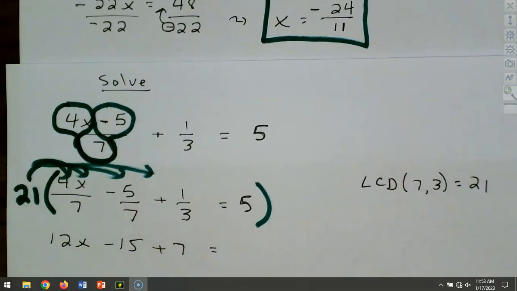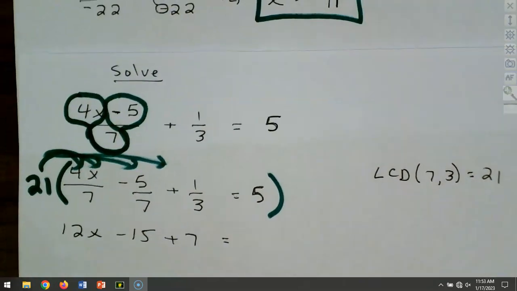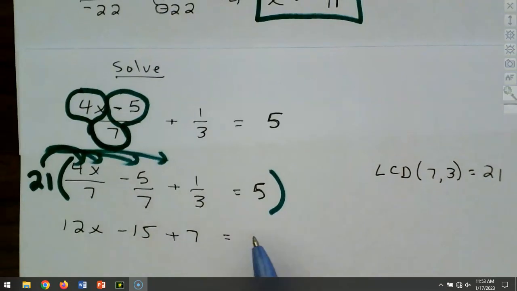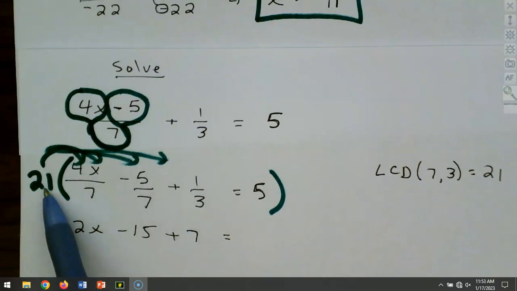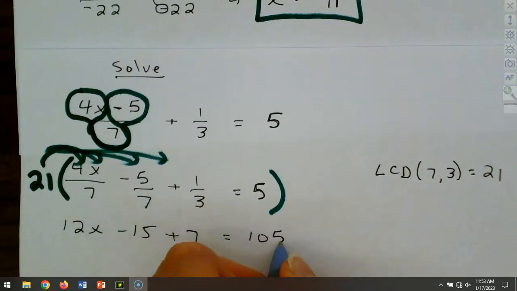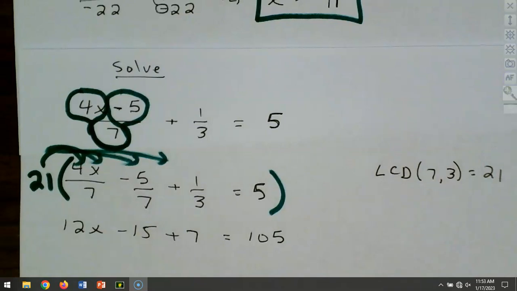Here's the most commonly made mistake. I guarantee that someone is going to write 5 here. It's not 5 though, is it? It's 21 times 5, which is 105. But that is one of the most commonly made mistakes, is simple things like that.